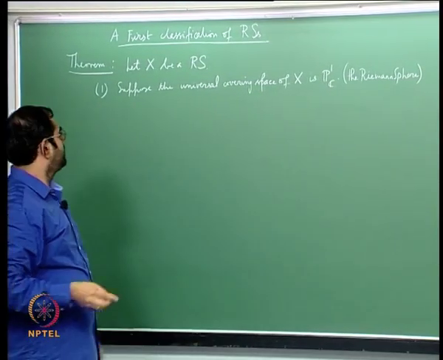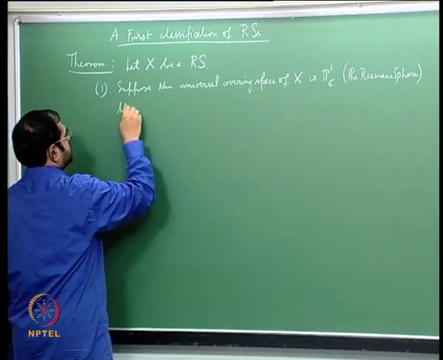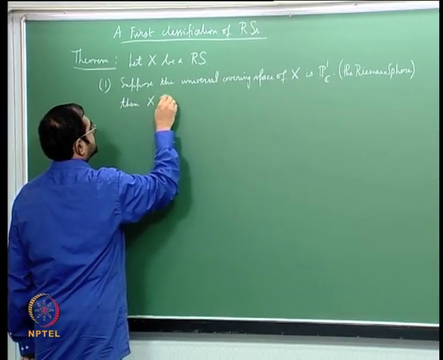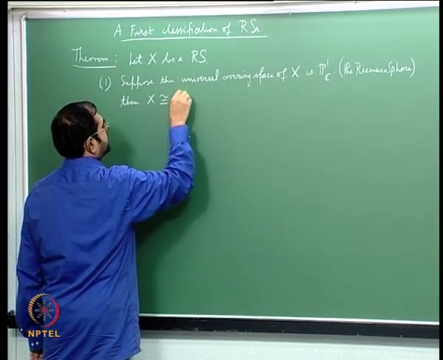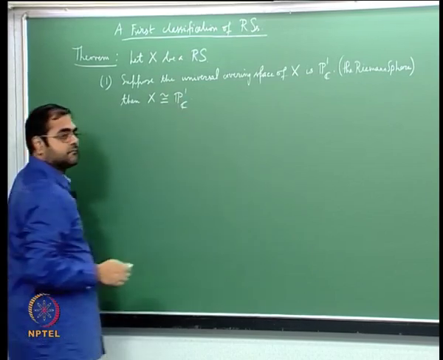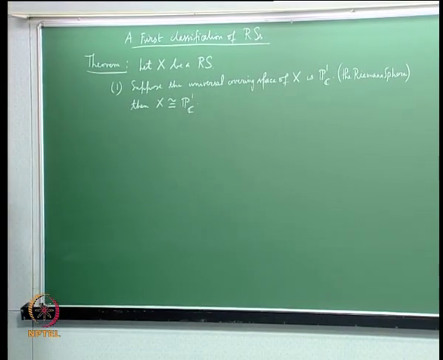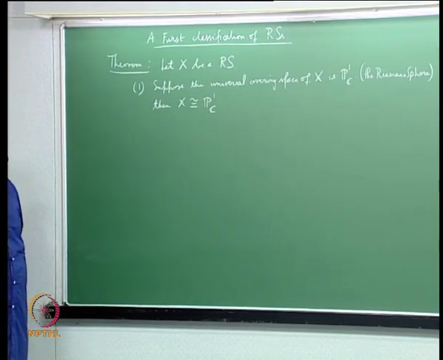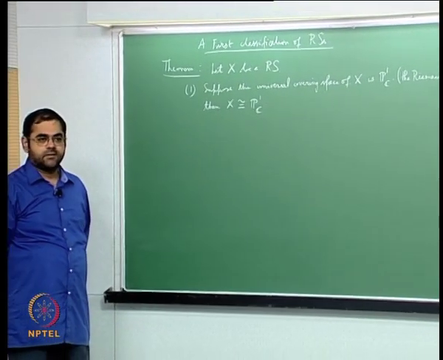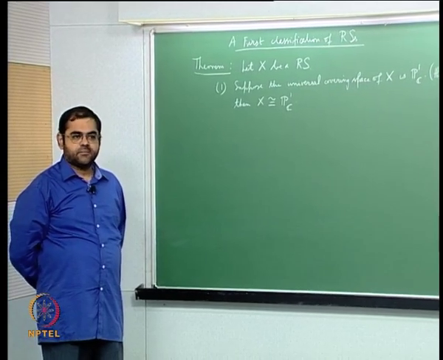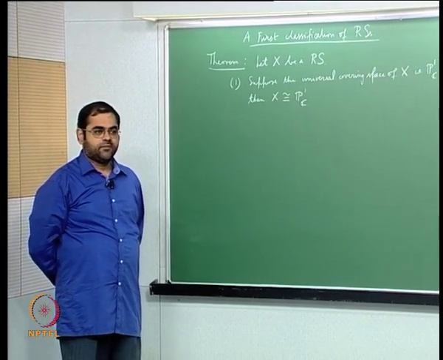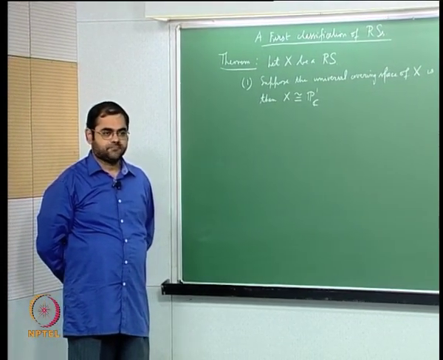Then X is isomorphic to the Riemann sphere itself. In other words, the only Riemann surface which has the Riemann sphere as its universal covering space is the Riemann sphere itself. So you do not get anything new in this case, right.